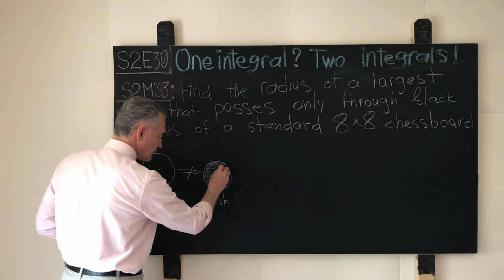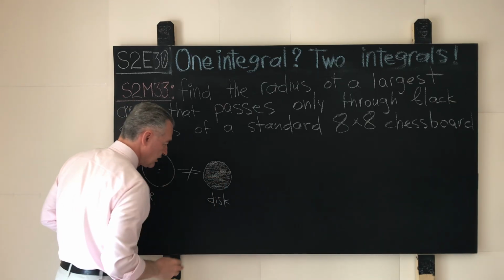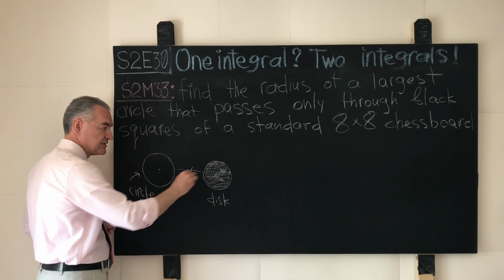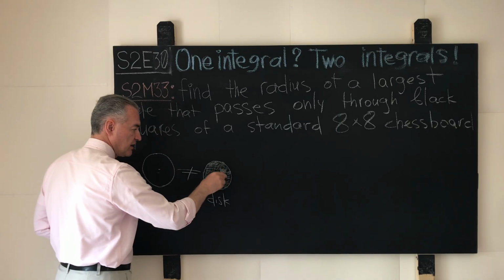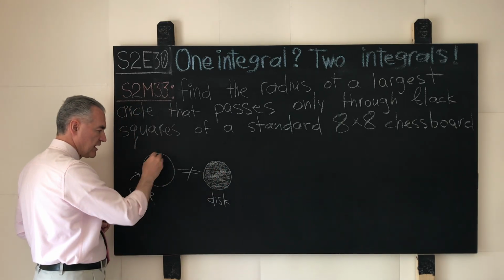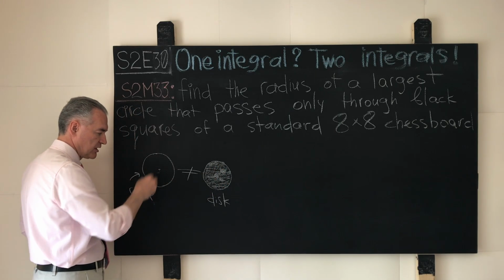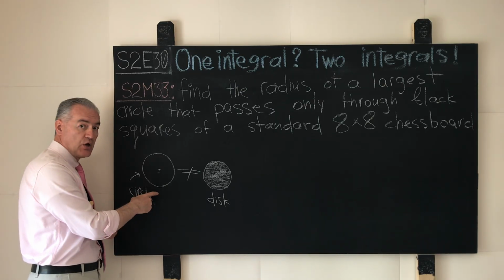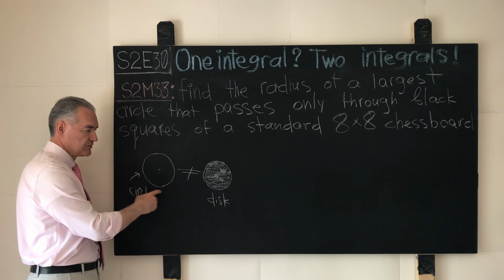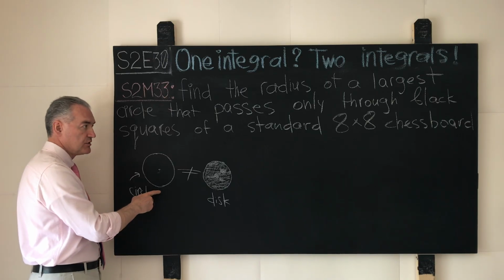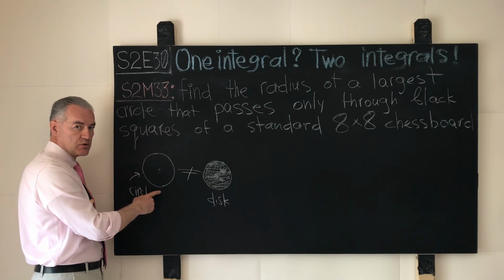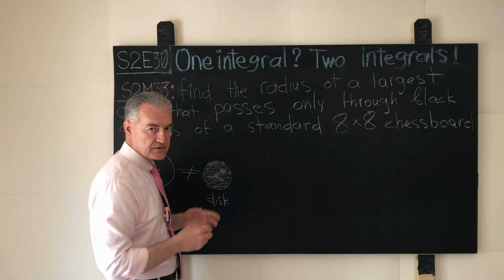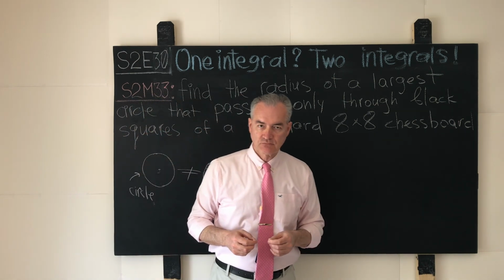And in order to describe the motion of a point through a disk, we need two variables, the distance from the center and the angle. Here, only the angle with respect to a certain line is enough. So in this problem, we're looking for a circle, not a disk, but a circle that passes only through the black squares of a standard 8x8 chessboard.